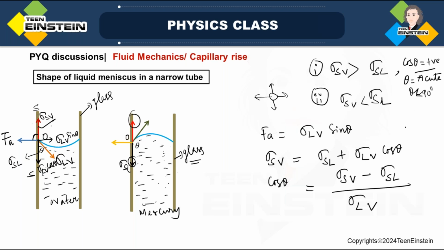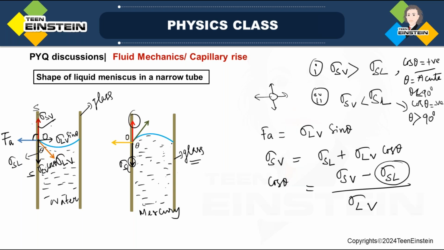In this case, cos theta will be negative. That means the angle is going to be obtuse, greater than 90 degrees, and since SL is greater than SV, there will be a net force in the downward direction, so the molecule at the point of contact will be pulled down.